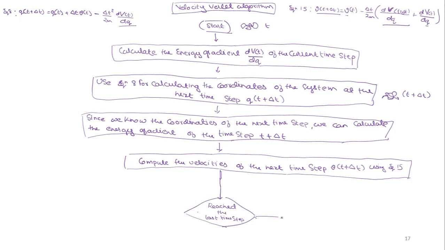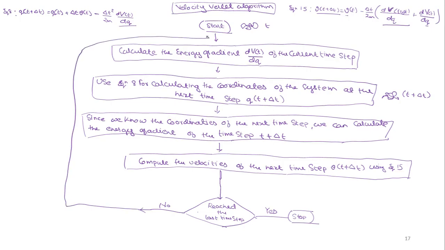Now, if the answer is yes, that we have reached the last time step, our molecular dynamics program would stop. And if there are still time steps remaining, that is, if the answer is no, then your program would begin at this step.